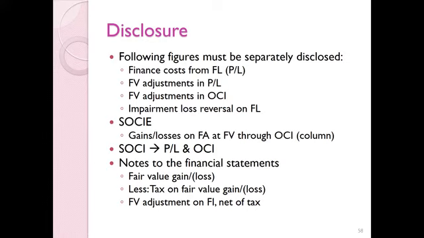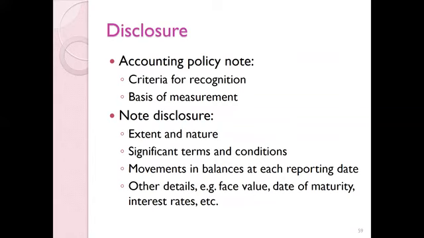In the notes to the financial statements, you expect to see any potential fair value gain or loss. Also, you would need to take off the tax on the fair value gain or loss, because that would be shown at a net value in terms of our statement of comprehensive income. In particular, the OCR section is shown net of tax.